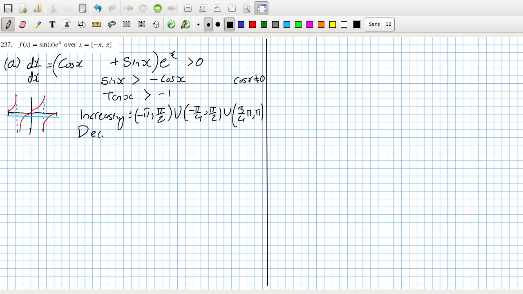So decreasing is everything outside of that. Sorry, I should have minus pi/2 to minus pi/4, and then pi/2 to 3/4 pi.